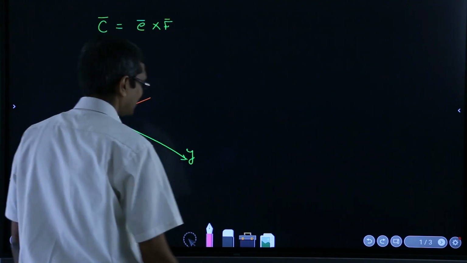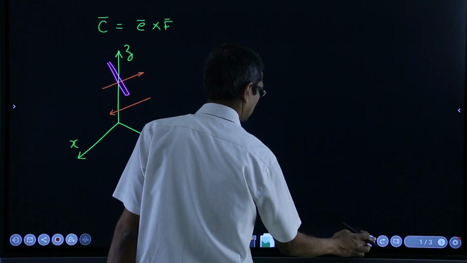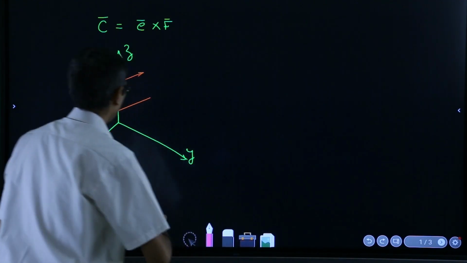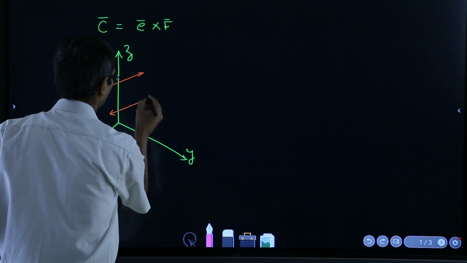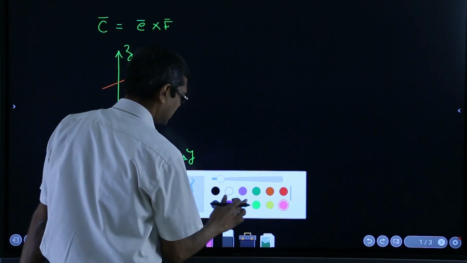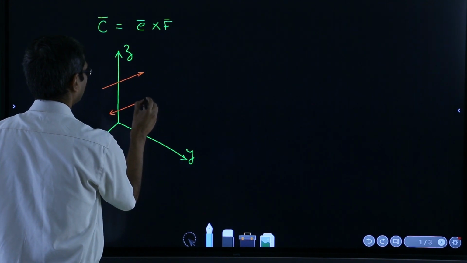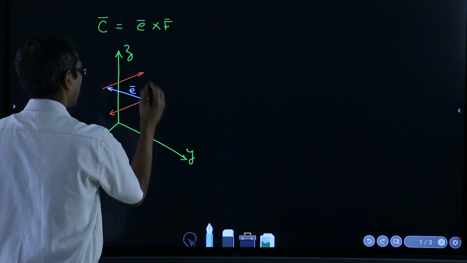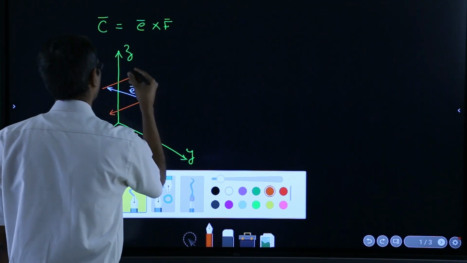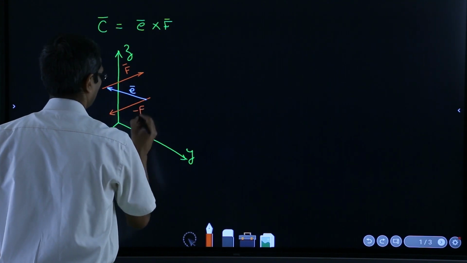Sorry for that, because if you see, the direction should be in this way. If you draw this E, let us do that for a moment. So, E will be from somewhere here to somewhere here, and I will write the F's also, F and minus F.